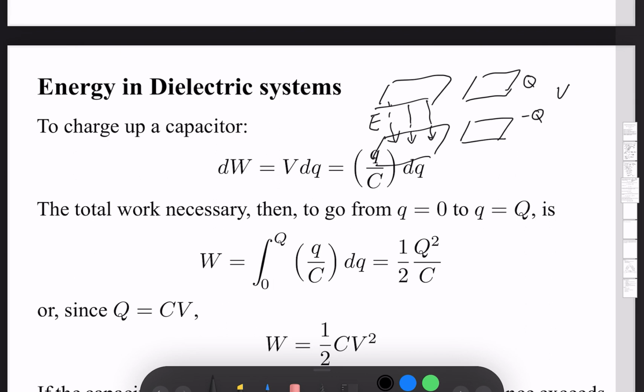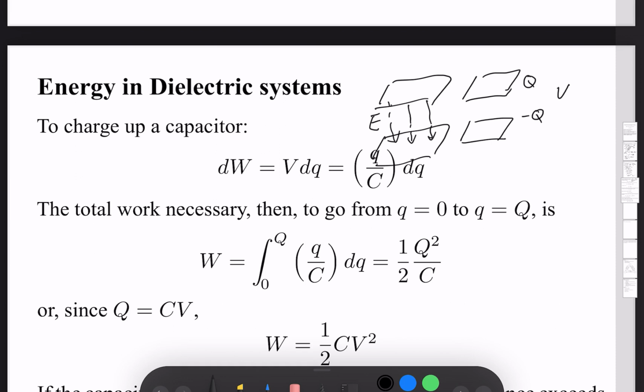Now if you want to increase that energy, you have to move charge from one side of the capacitor to the other side, and the charge has to overcome a potential difference of V.